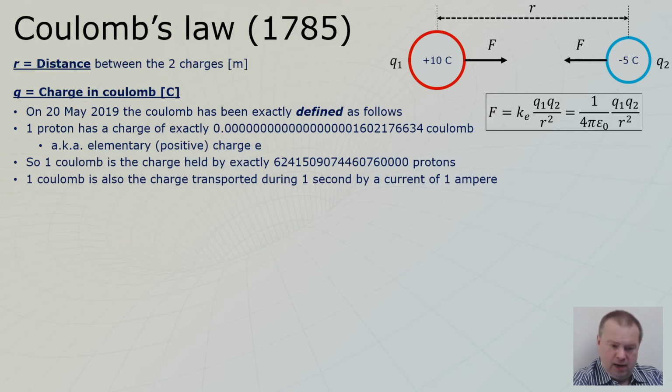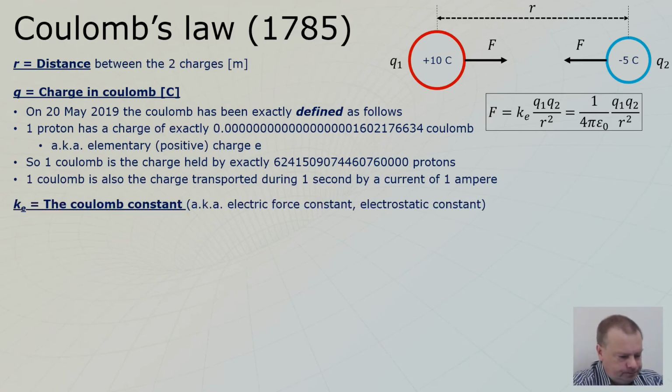If you would have a wire which had a steady current of 1 ampere, and you would look at it for 1 second, then exactly 1 Coulomb of charge would have passed a certain point. And that means 6, 2, 4, 1, etc. protons went through that wire at any point.